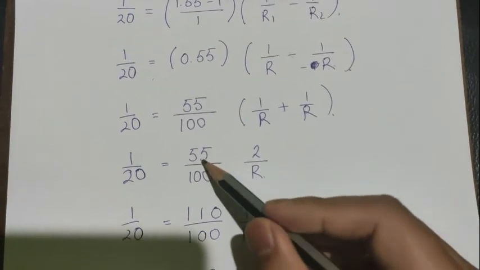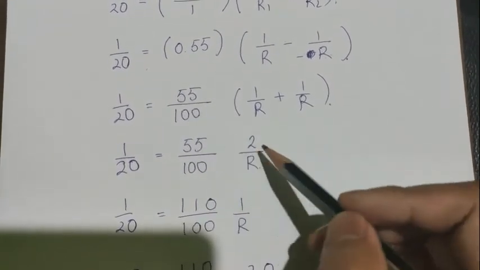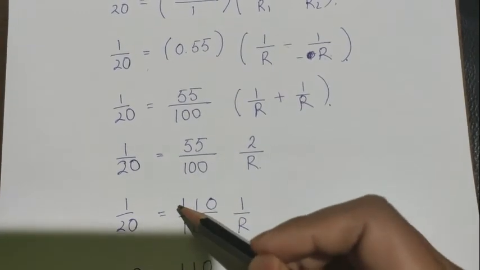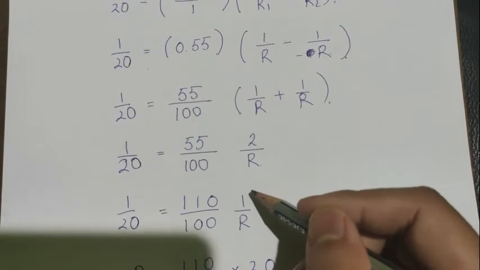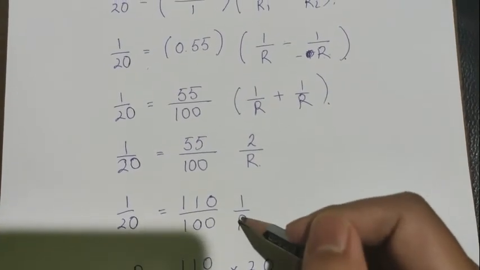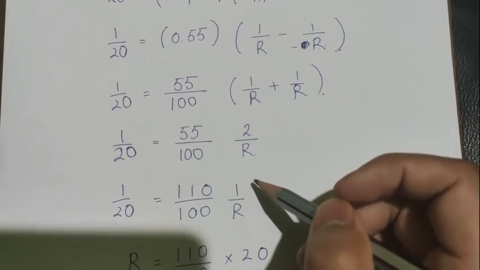Now, what you can do next is this 2 multiplied by 55. How much is it? 5 2s are 10, carry over 1, 5 2s are 10, 11. So I have 110 divided by 100 into 1 by R. Can I send this R to the other side and 20 to the other side? Cross multiplication.